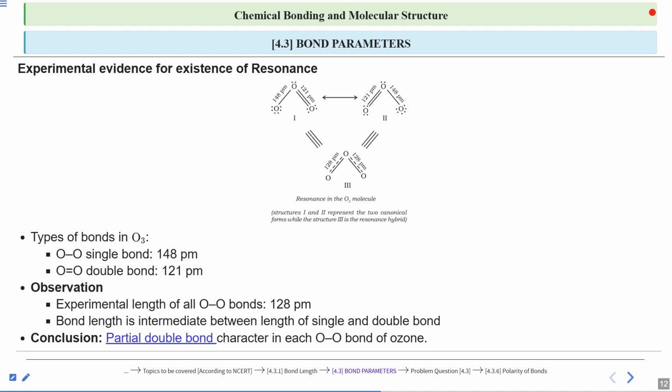Hence, we reached the conclusion that the bonds between the oxygens are partial double bonds, neither single nor double. This is the outcome of resonance, because the electrons are not localized at one place. Instead, they are moving throughout the ozone molecule. You can think of it as a trackway for the electrons to move, like a current, moving from one oxygen onto the other.